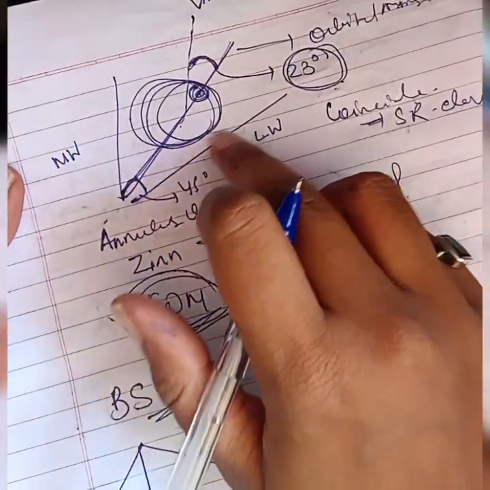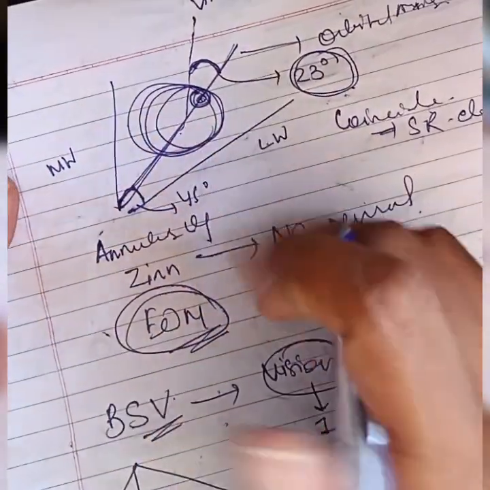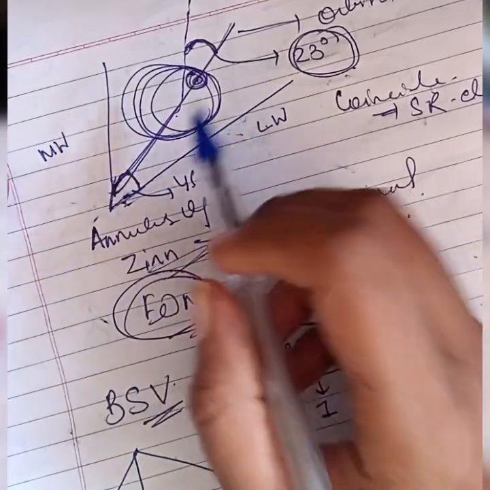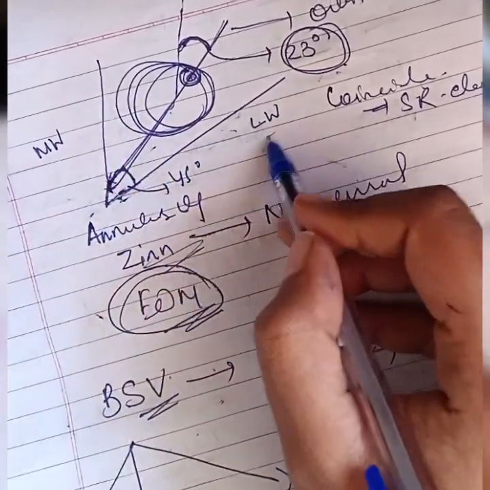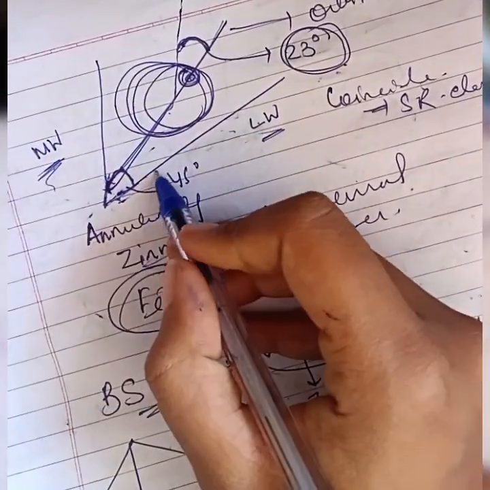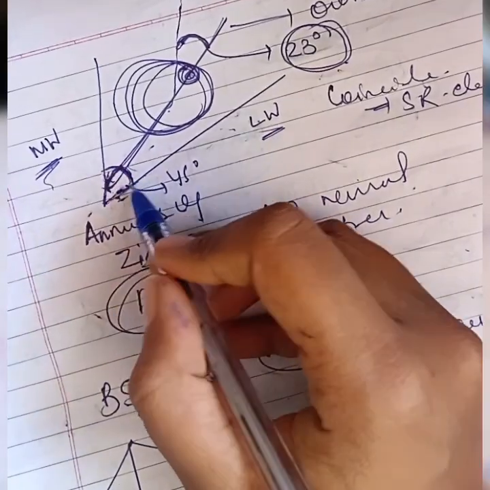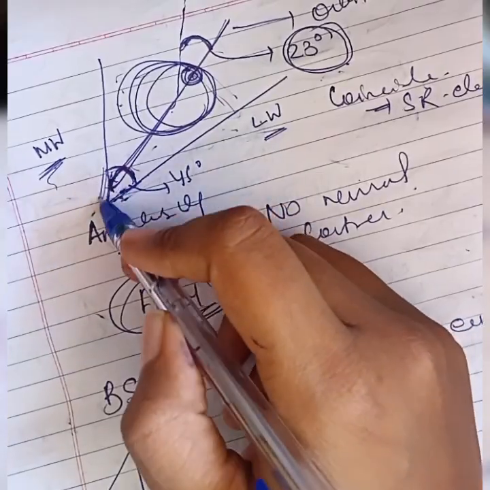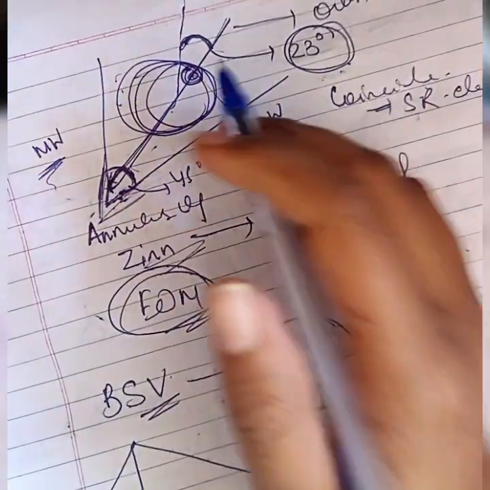Now if this is the eye, then from your annulus of Zinn, that tendon, all the extraocular muscles arise, and this is your lateral wall and medial wall of the orbit, and it has an angle of 45 degrees. Now the orbit is quadrangular, whereas from your annulus of Zinn, that is the point of origin, it is conical.